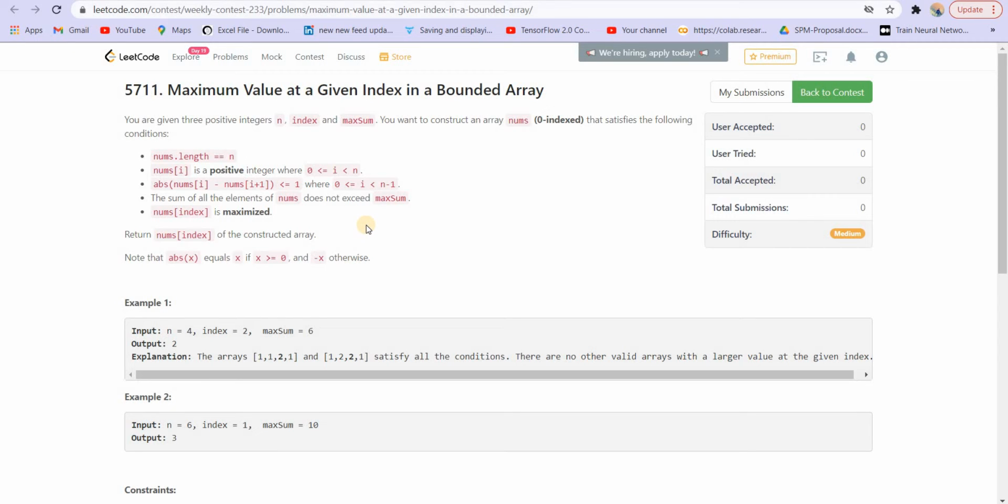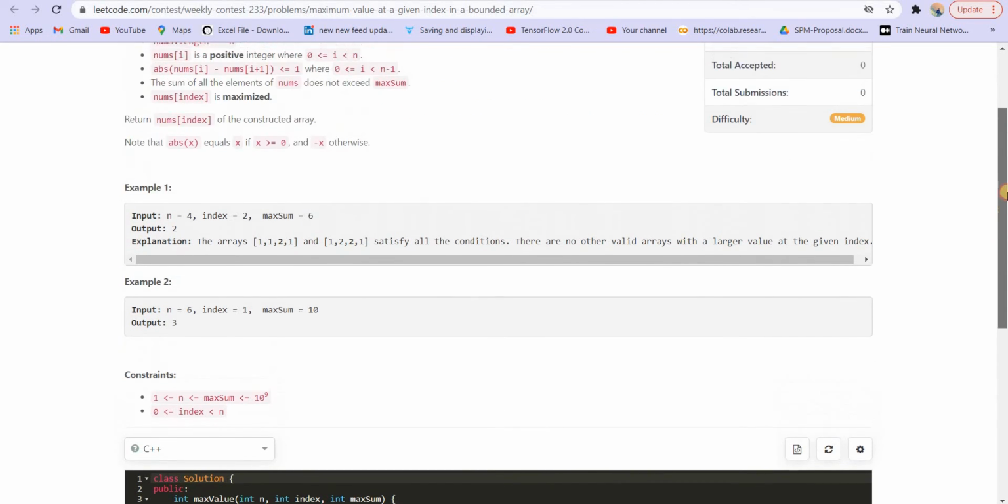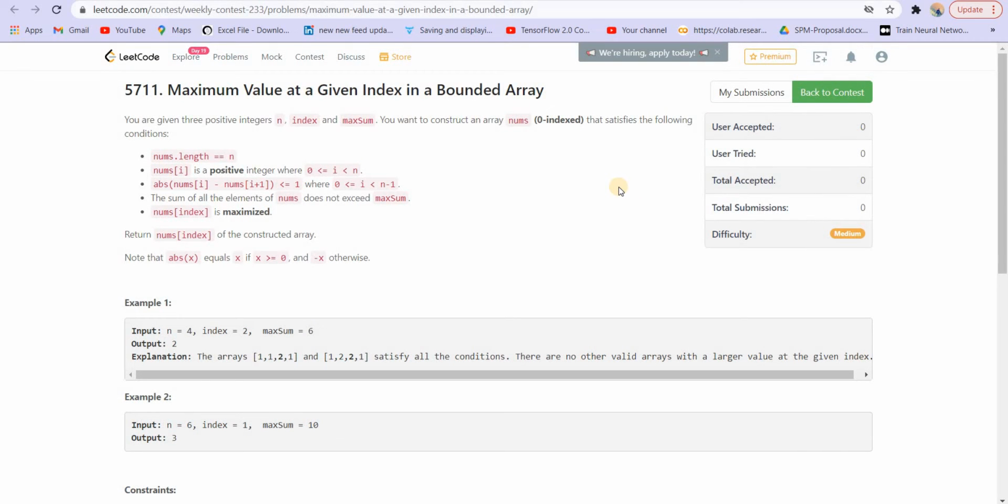Alright, I got it. So that value should be maximized. Now if I have that value, it should not exceed, right?